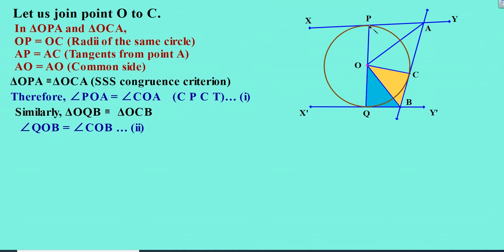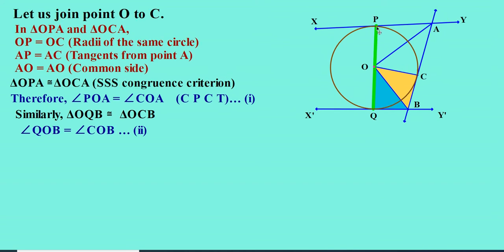Now look at PQ. What is PQ here? PQ is the diameter, so it is a straight line. Here on this PQ, four angles are there: angle POA, angle AOC, angle COB and angle QOB.